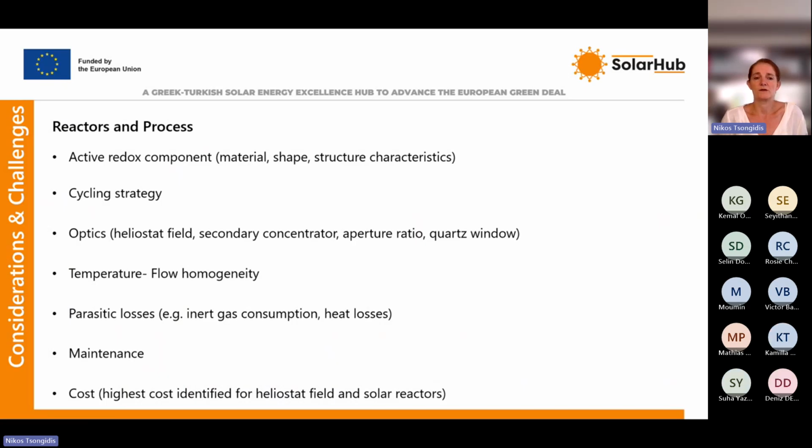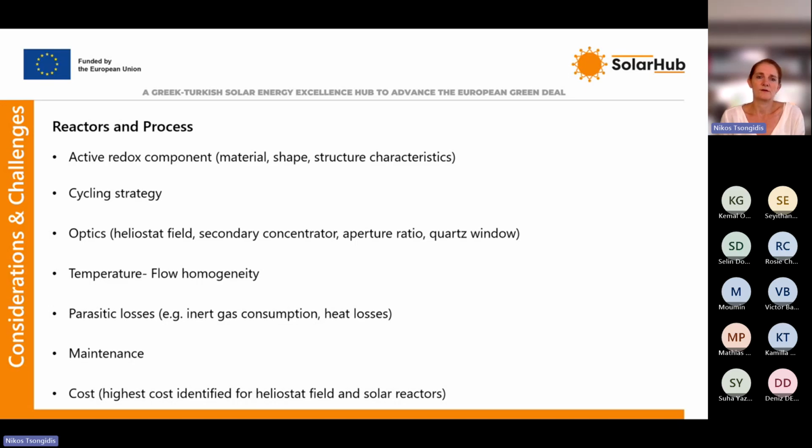Also, challenges that are related to the reactor design and how to achieve temperature and flow homogeneity, as well as how to exploit the parasitic losses that can be identified in these processes, such as the use of inert gas and heat losses, in order to enhance the efficiency of the process.